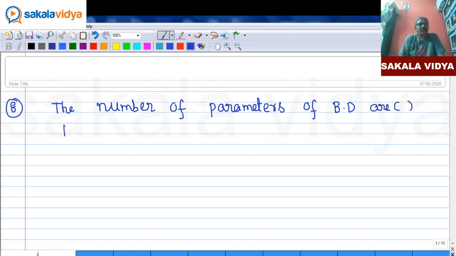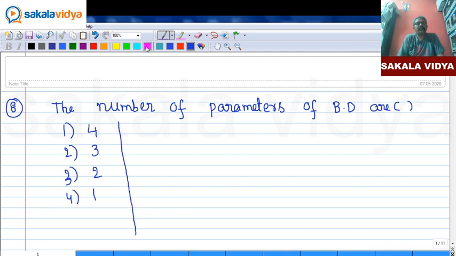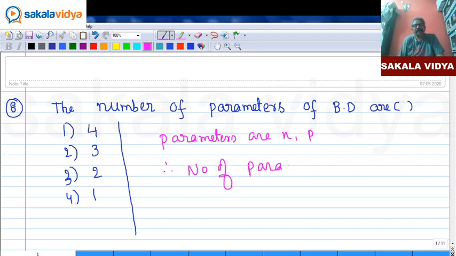First 4, 2, 3, 3, 2, 4, 1. See, the parameters are n comma p. Therefore, the number of parameters is equal to 2. So, third option.